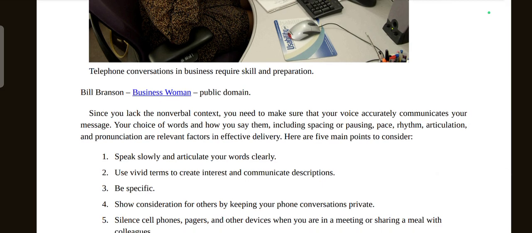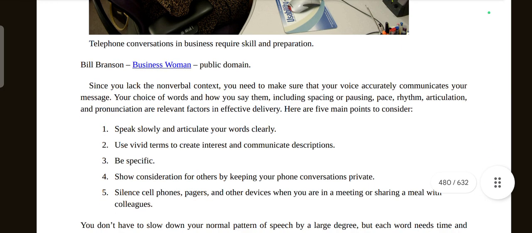Now, since you lack the nonverbal context, you also need to make sure that your voice accurately communicates your message. Your choice of words and how you say them, including the spacing or the pausing, the pace, the rhythm, the articulation, the pronunciation, they are all relevant factors in effective delivery.